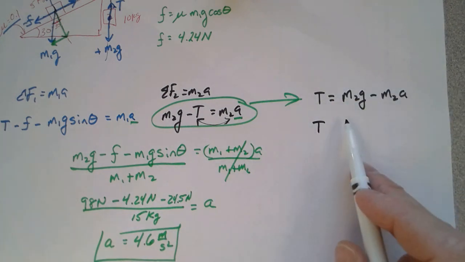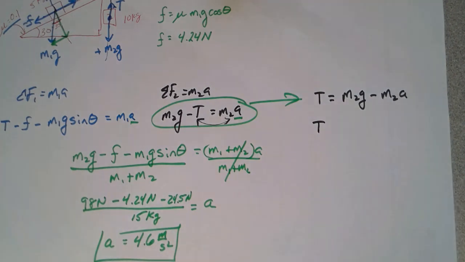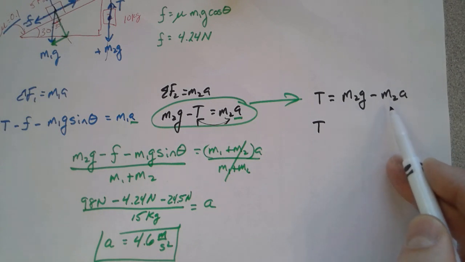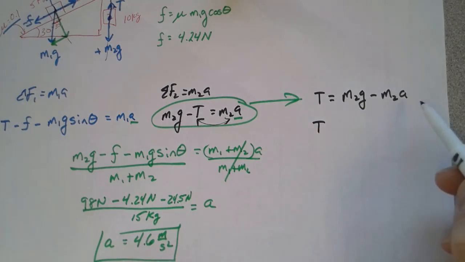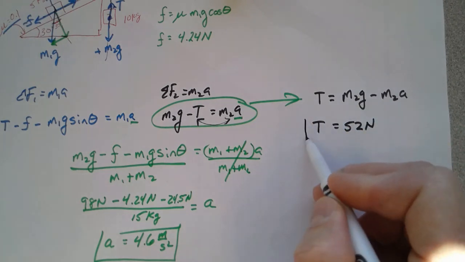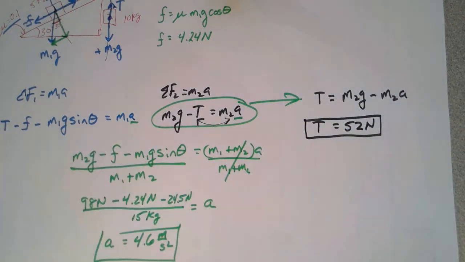So we have 98 minus 46, because it's 10 times 9.8 minus 10 times 4.6. So 98 minus 46 gives us tension equal to 52 newtons. And if you pick the other equation, you should get 52 newtons as well. That's it.